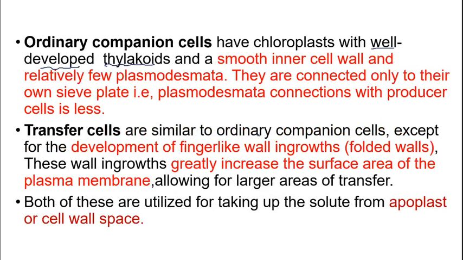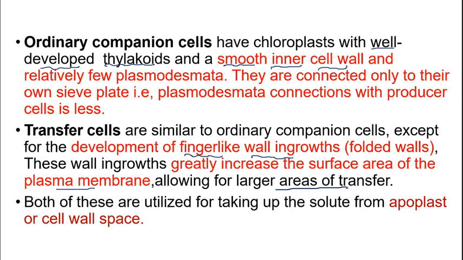Ordinary companion cells have a smooth inner cell wall, but transfer cells have finger-like ingrowths in their cell wall, which increases the surface area for transfer. So the name is transfer cells, which have finger-like ingrowths, or the walls are folded, which increases the surface area of the plasma membrane, allowing greater transport.